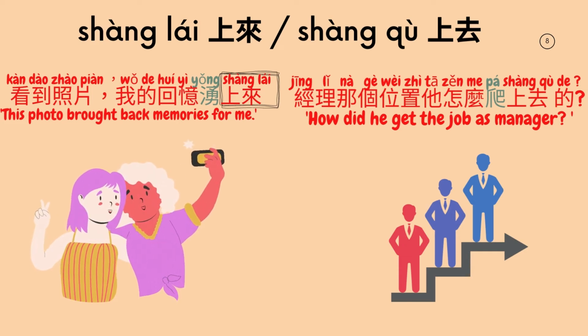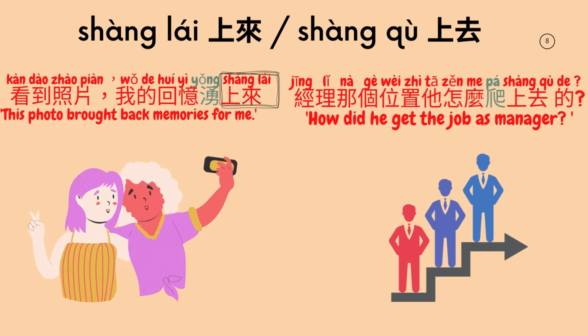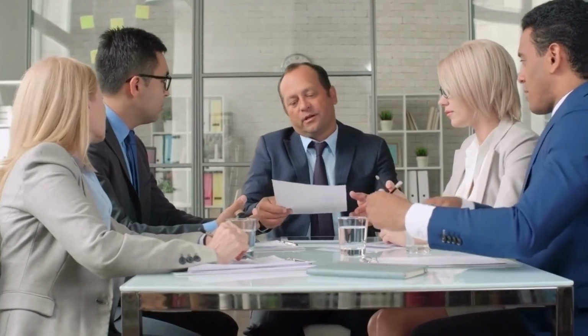The extended usage of 上去 can be used to represent an abstract situation that means ascending. For example, 经理那个位置，他怎么爬上去的？How did he get the job as manager?